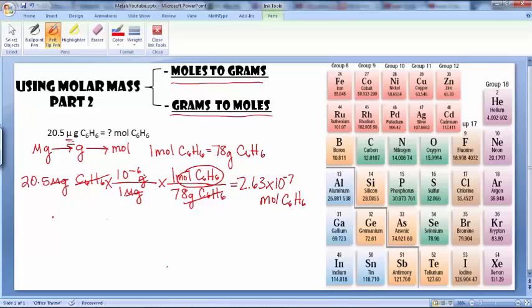So we have 20.5, we use these parentheses to represent multiplication, times 10 to the minus 6, divided by what we have, 78 times 1, which is 78. So do this operation and get just say X number.